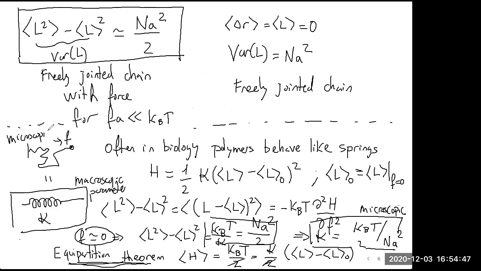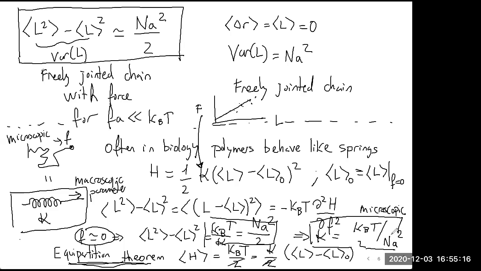This is very useful because if you use models that you can solve, then you can do this type of connection. You can say, okay, if I do an experiment and take a polymer and pull it, there will be a force applied to the polymer, and this will be the length of the polymer, and this will give experimental data like this. This means it is like a spring, but it comes from something like this.